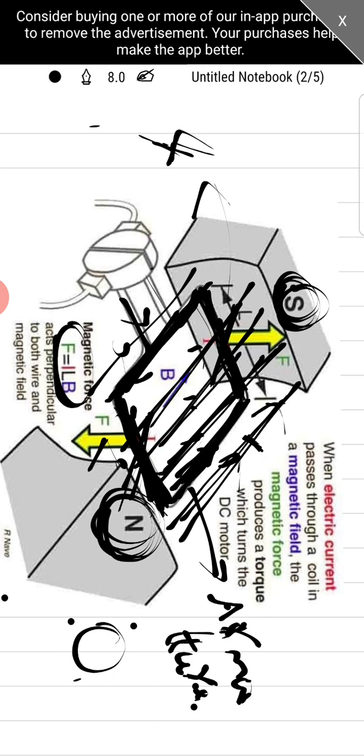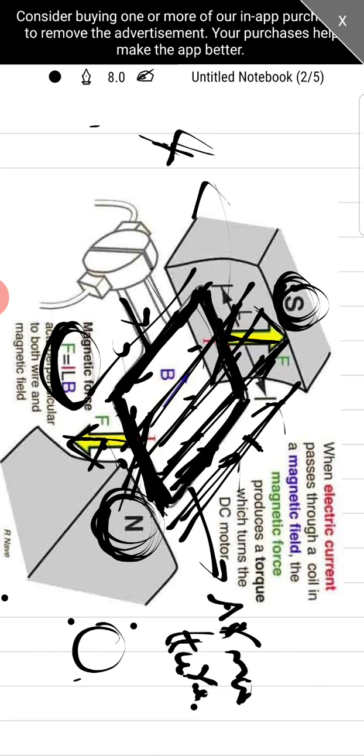But according to Fleming's left hand rule, the force acting on this wire will be downwards and the force acting on this wire will be upwards, but the force value is the same, F equals BIL. These two equal and opposite forces will form a torque, and they will rotate this current carrying wire.